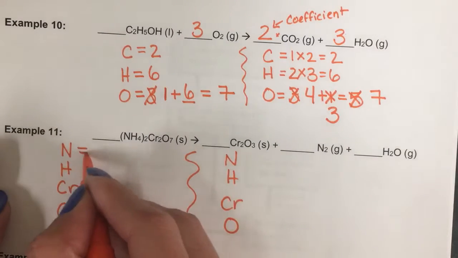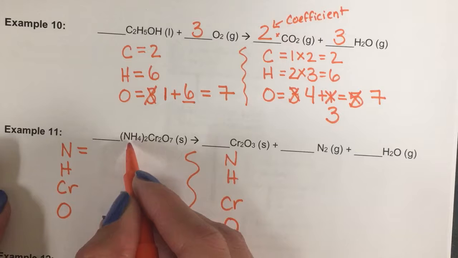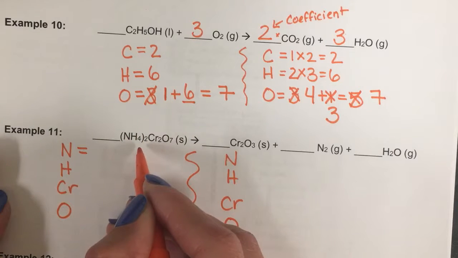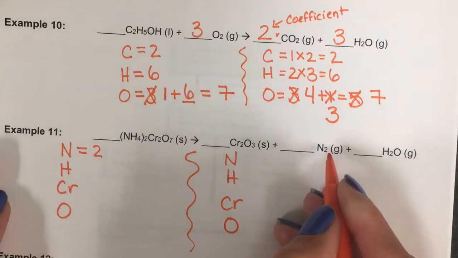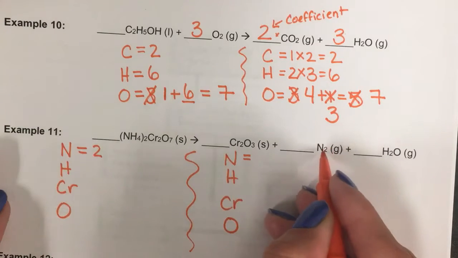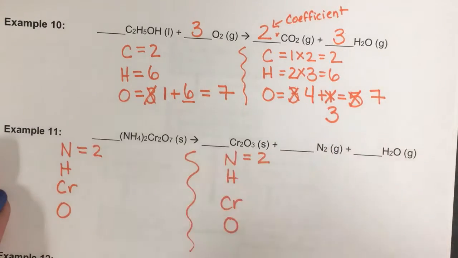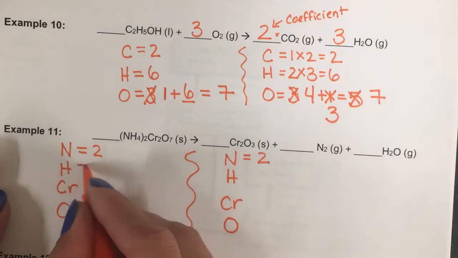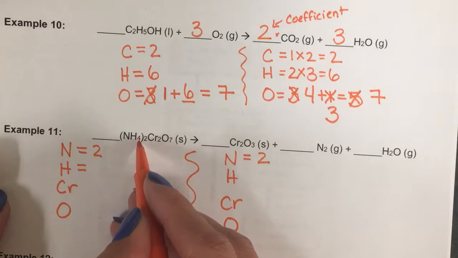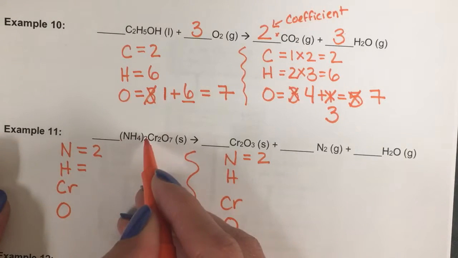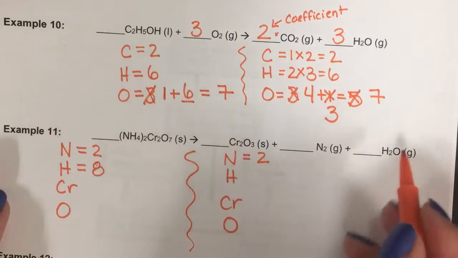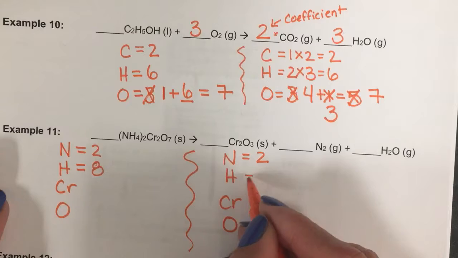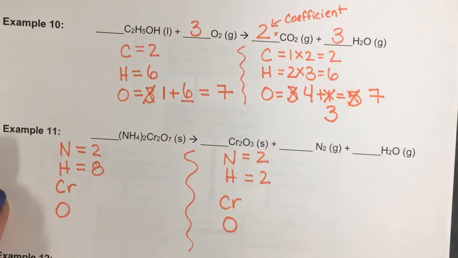So on the left of the arrow, I've got 1N in parentheses times 2, so 2 N's. On the right side, I also have 2 N's. On the left side, I've got 4 H's in parentheses, 2 on the outside, 4 times 2 is 8. On the right side, I've only got 2.